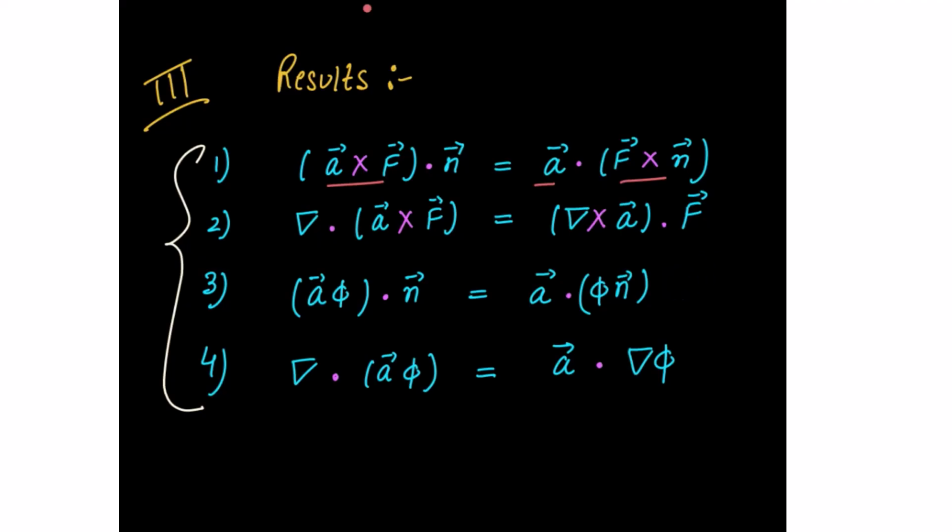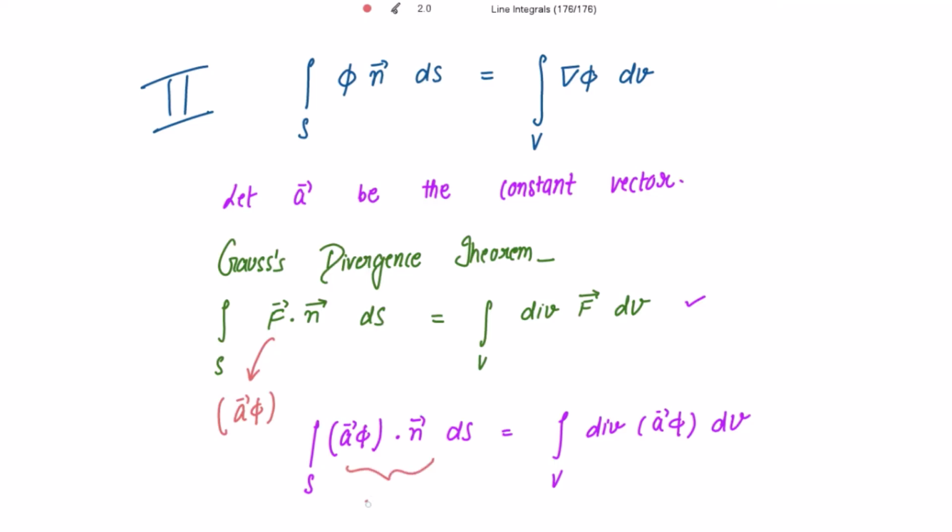Now I am going to use this third result, that is, the dot product of A vector phi with n vector is equal to A vector dot product with phi n vector. On the left hand side phi is with A vector, on the right hand side phi is with n vector. Please remember this. Let's use this result now over here. So we will get this as A vector dot product with phi n vector.